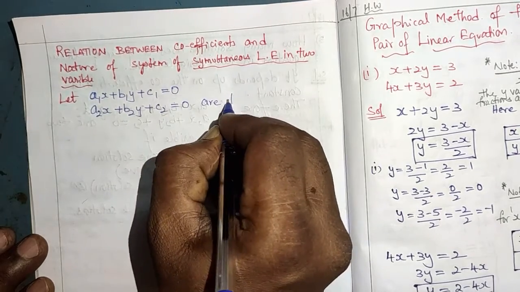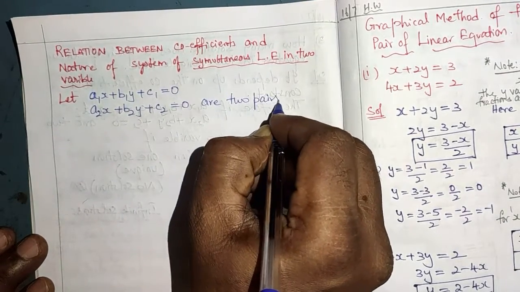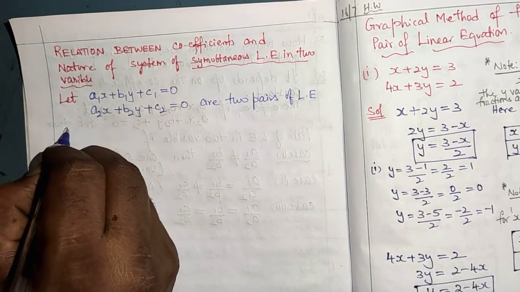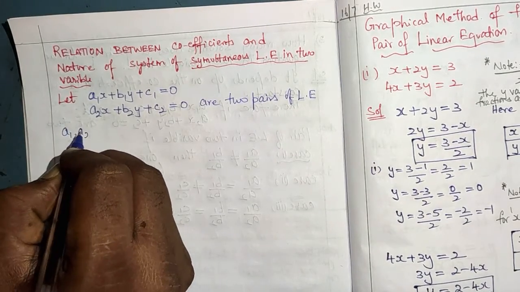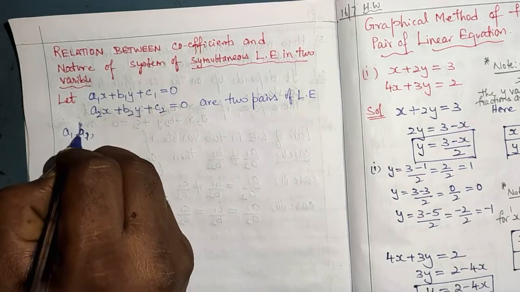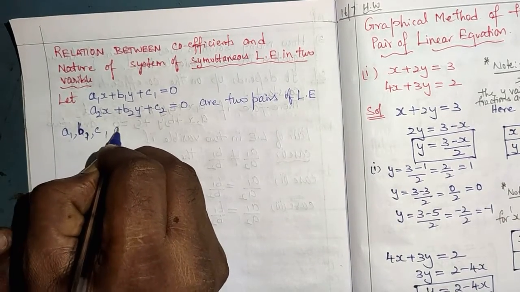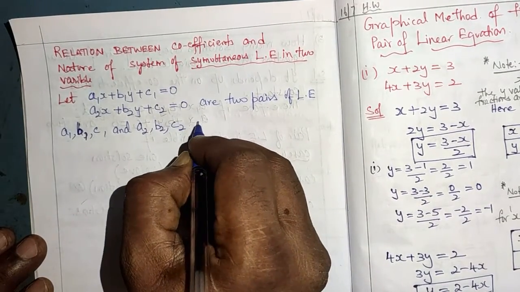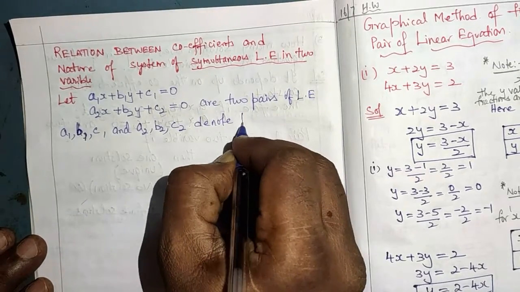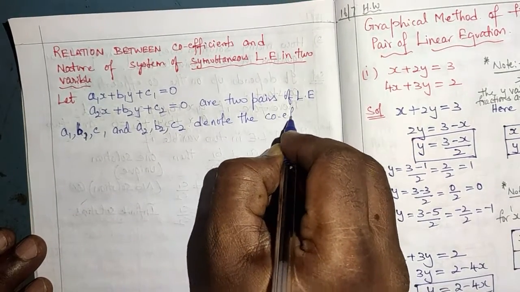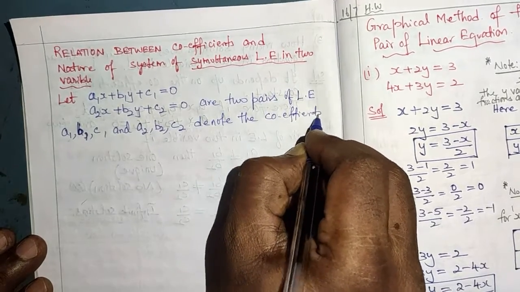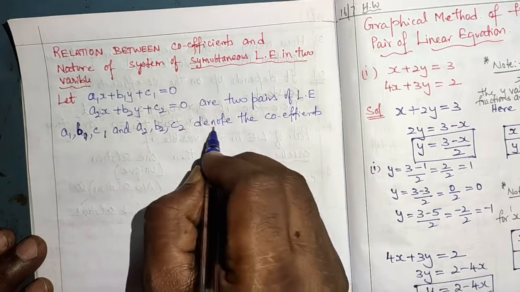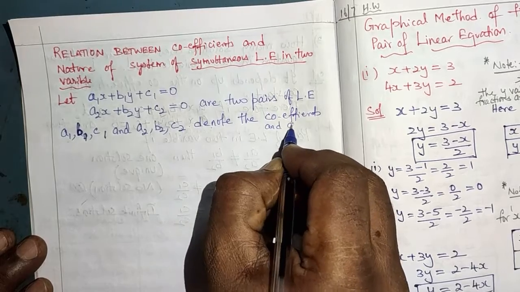These are two pairs of linear equations. a1, b1, c1 and a2, b2, c2 denote the coefficients. Here a1, b1, a2, b2 are the coefficients, c1, c2 are the constants.